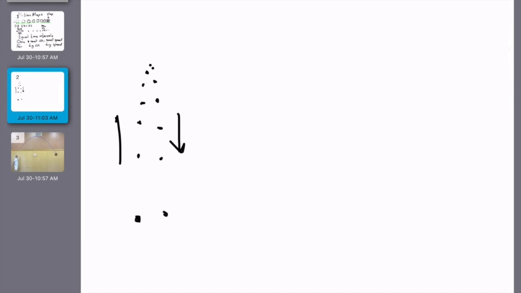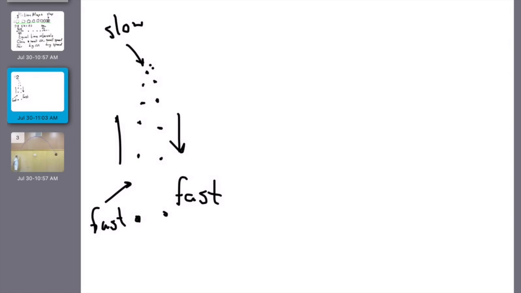Okay, and you can see at the bottom, big velocity, fast, and up near the top, slow, because the dots are closer together. And then back here it's fast again, but moving in the other direction. That's if you throw a ball in the air. That's what it looks like.